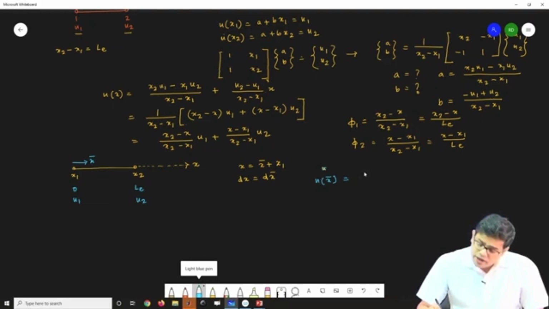It varies as (LE minus x bar) by LE into u1, and for u2, x minus x1 becomes x bar minus 0, so this is x bar by LE into u2.